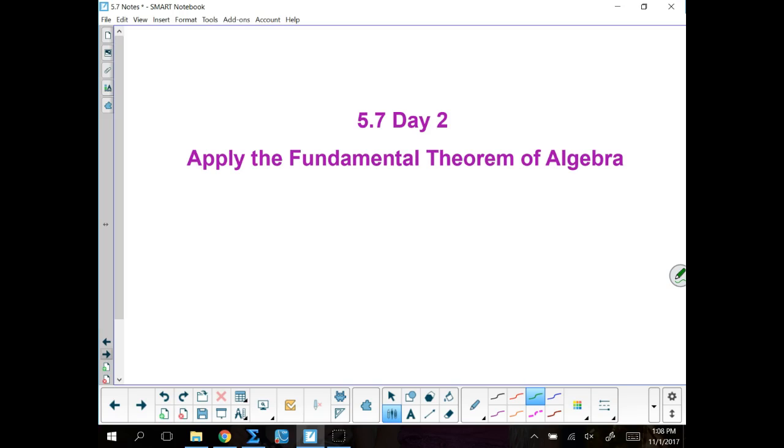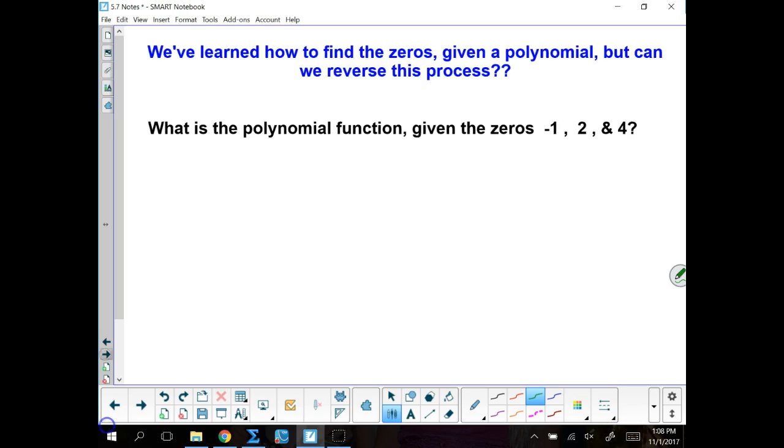All you're doing, you know how to do every single thing today. It's the exact same process, except we're going in reverse. So instead of finding the zeros, I'm going to give you the zeros.